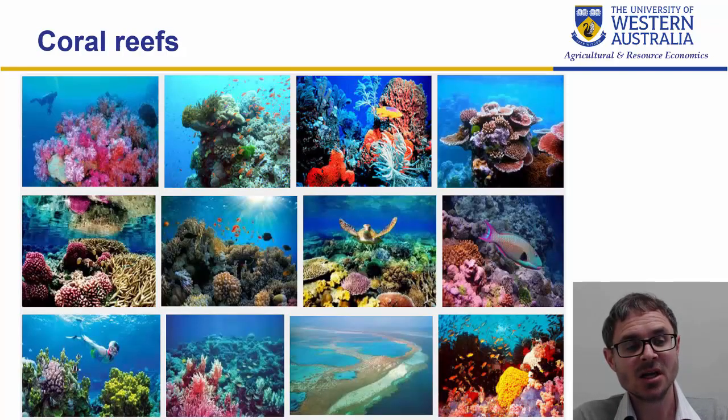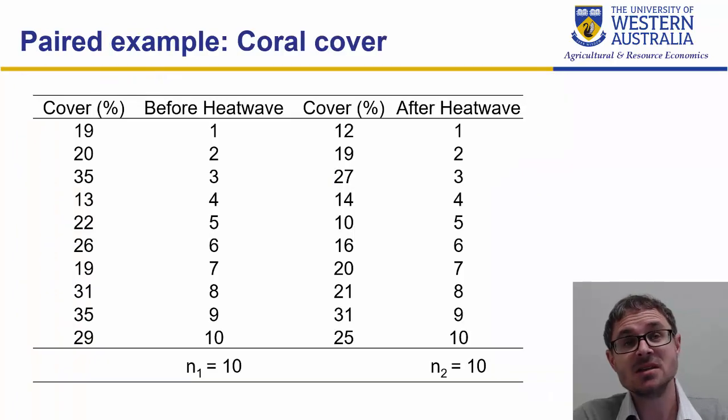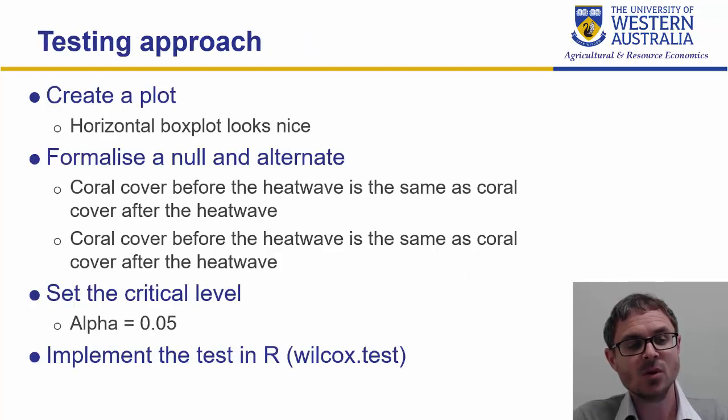The other example I showed you was with coral reefs. We said this is a before and after test. We took some measurements at sites before and after. It's a small sample, and we're worried that it's not from a normal distribution, from some other research. What do we do? We want to create a plot. Because we have a paired test, we're going to use a horizontal box plot, and formalize a null and an alternate.